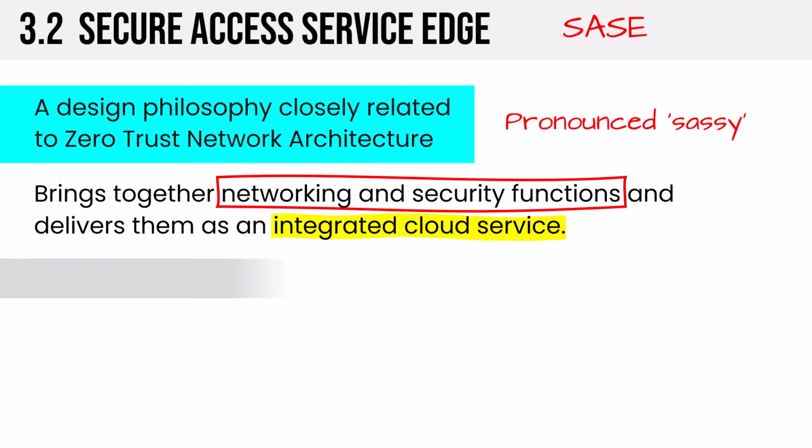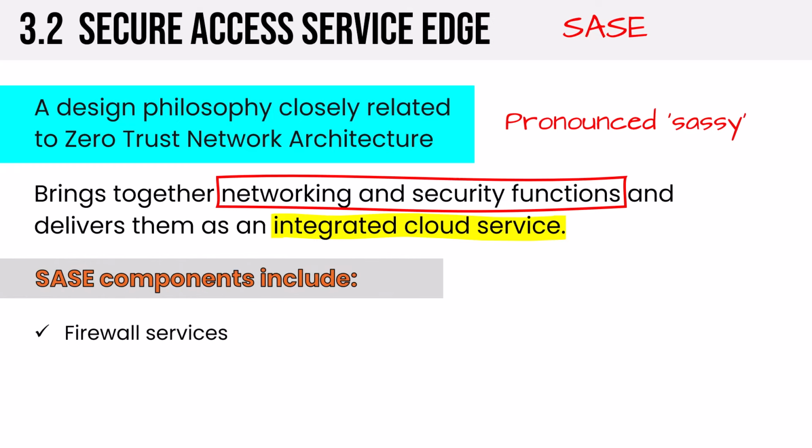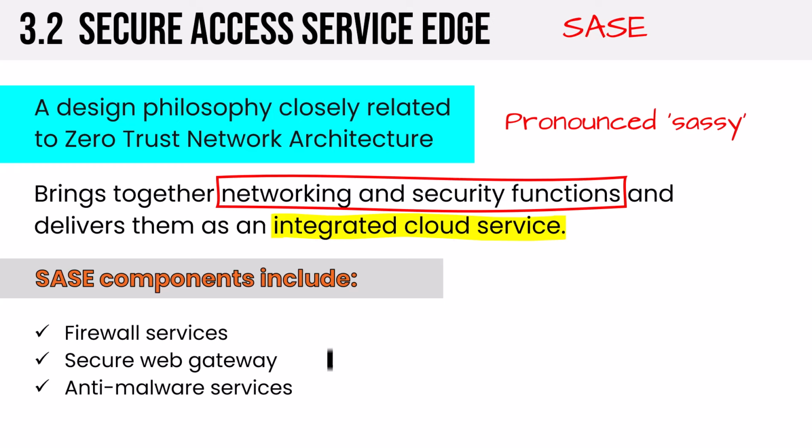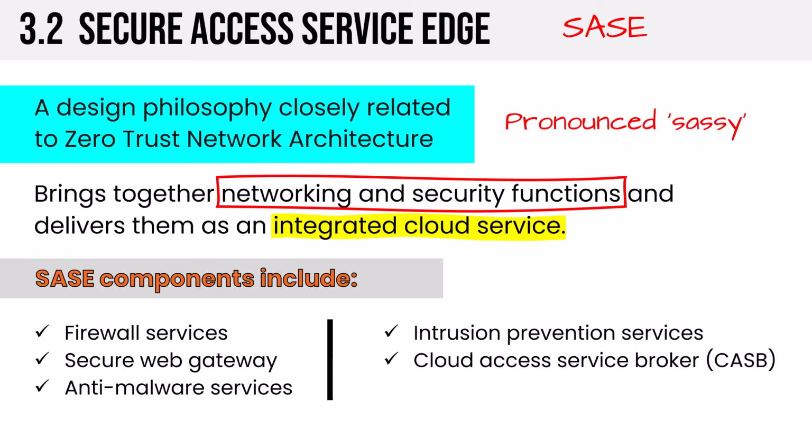SASE will include several components like firewall services, secure web gateway, anti-malware, intrusion prevention, a cloud access security broker, or CASB for short, as well as data loss prevention. So we have a variety of protections here, from endpoint to infrastructure to data to applications.